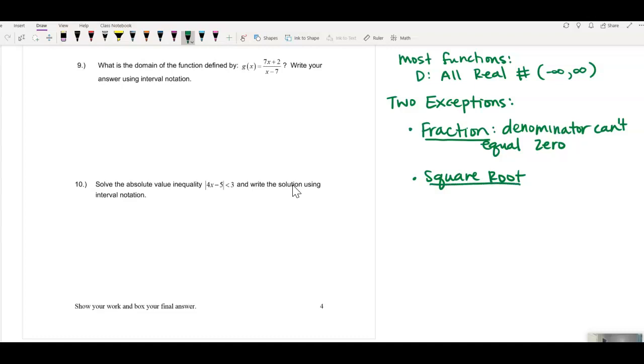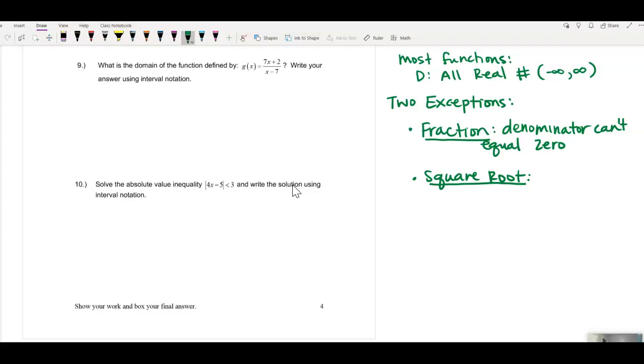If we have a square root in our function, then we have to remember that we have to have a positive value inside the square root. So we're thinking about what it can't be. We can't have any negative numbers inside the square root, okay?